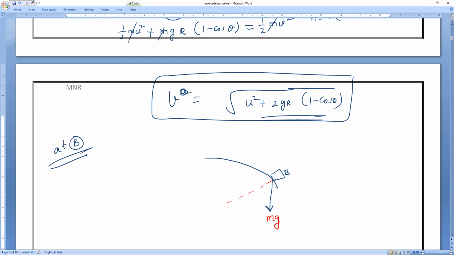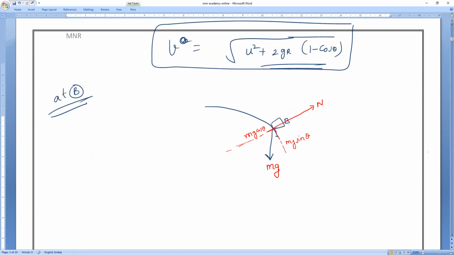Now, there is a reaction opposite to this one. That is what we call the normal. So if mg is acting like this, the force will split into two different directions. One will turn into mg cos theta, and the opposite one will become mg sin theta. Now at this point, please tell me, both are in opposite directions.